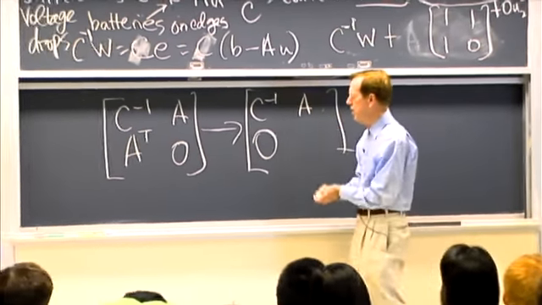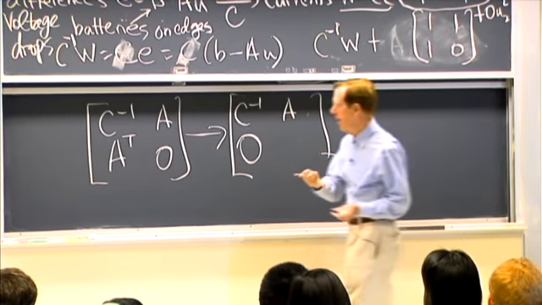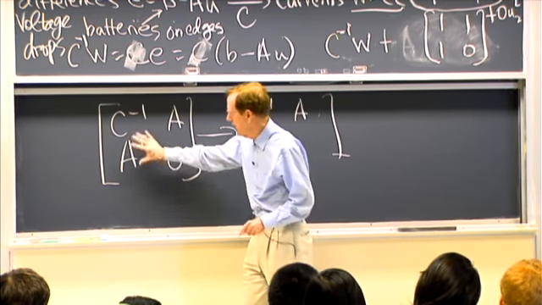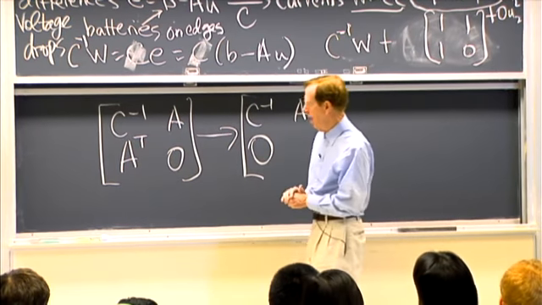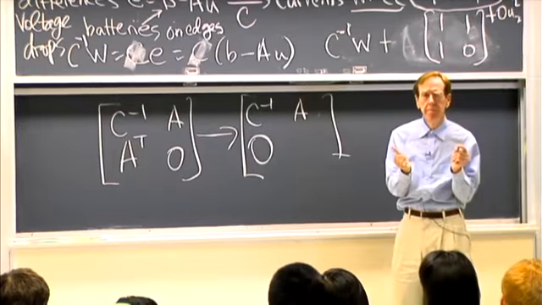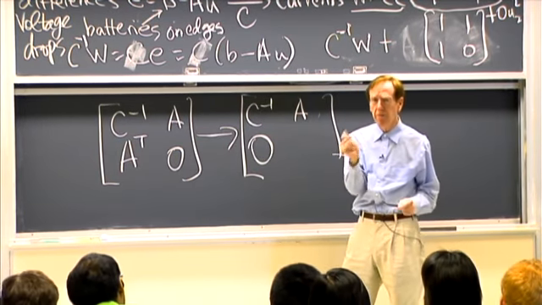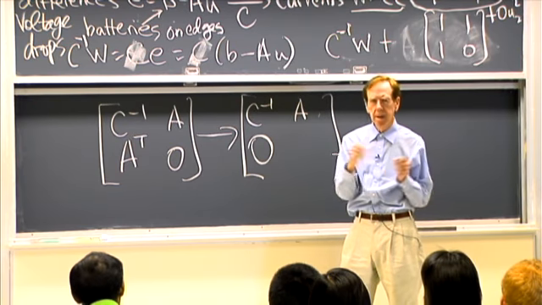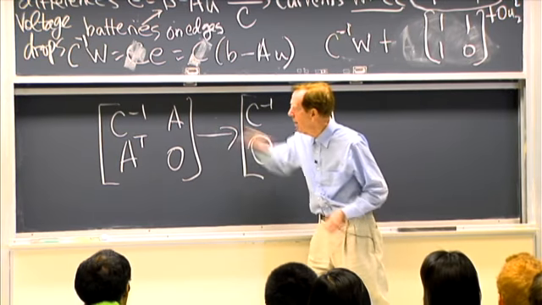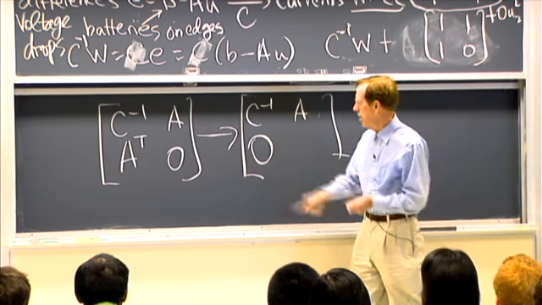This was elimination, this was subtracting. What did it subtract here? It multiplied these pivot rows by something and subtracted from these lower rows and got the 0 block. And what did it multiply by? What do I multiply that block row by and subtract from the row below to get a 0? This is a perfect exercise to see how blocks are just like numbers. You can deal with them.